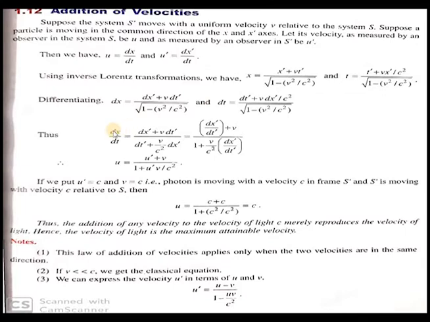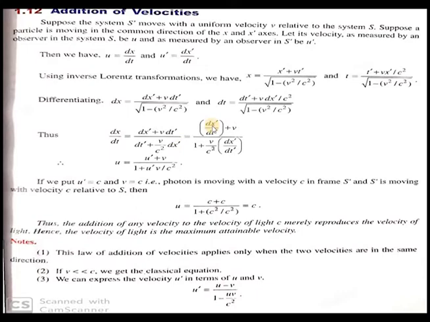Now dx by dt will be (dx prime plus v dt prime) divided by (dt prime plus v by c square into dx prime).